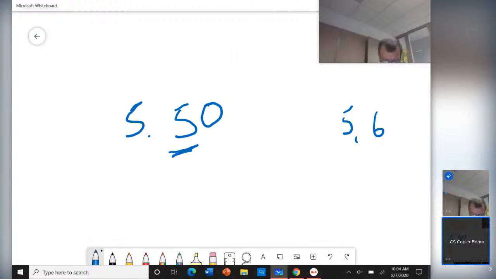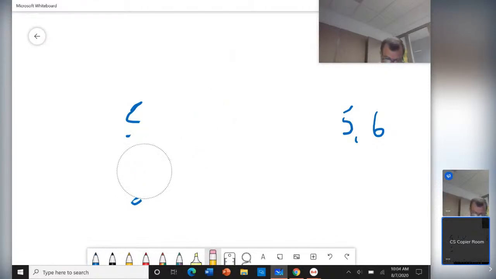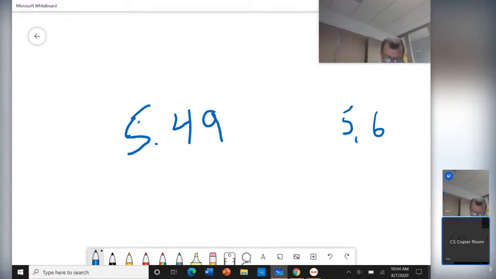So this one is going to be 6. And the opposite of that would be if it was 5.49, it's not quite 5. So if you got $5.49 and were asked to round to the nearest dollar, it would be 5.